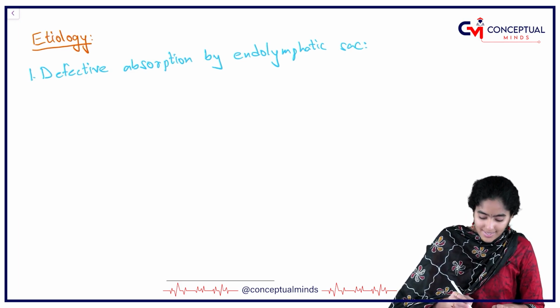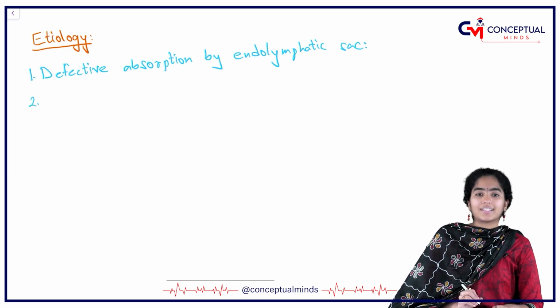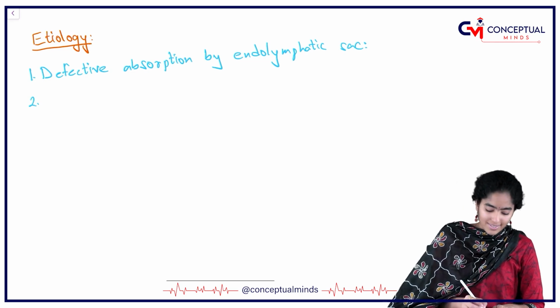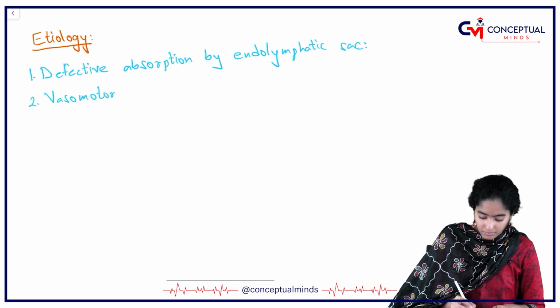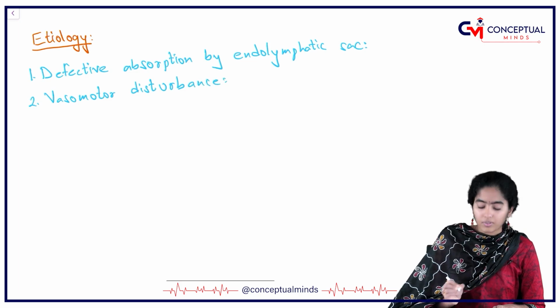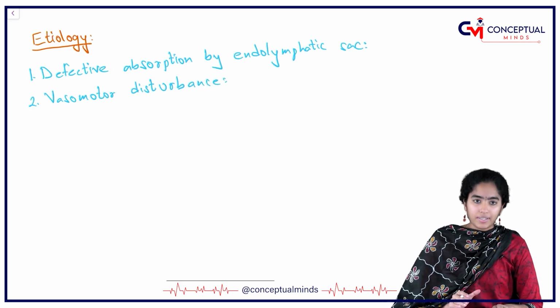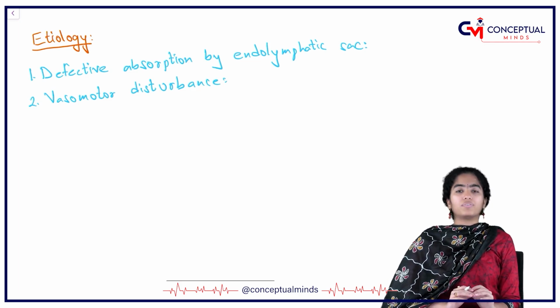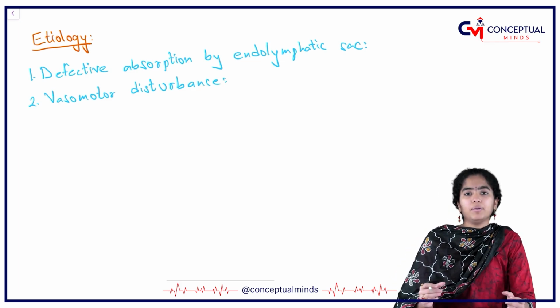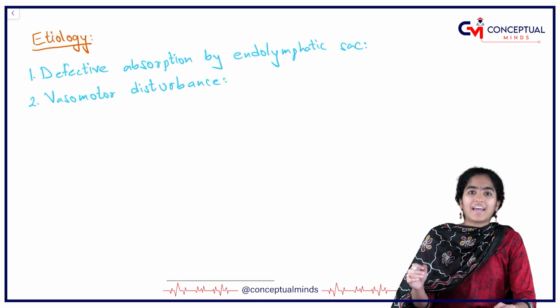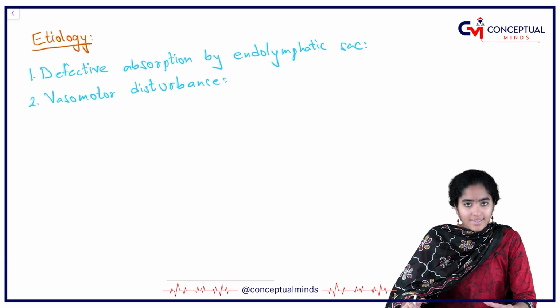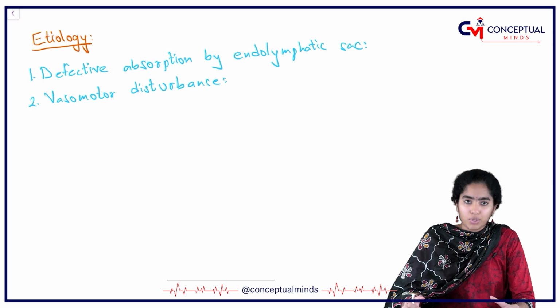Now let us look into the second possible etiology, that is the vasomotor disturbance theory. According to this theory, there is sympathetic overactivity, and this ischemia of the internal auditory artery results in damage to the stria vascularis, and anoxia to the neuroepithelium of the cochlea and the vestibular system.